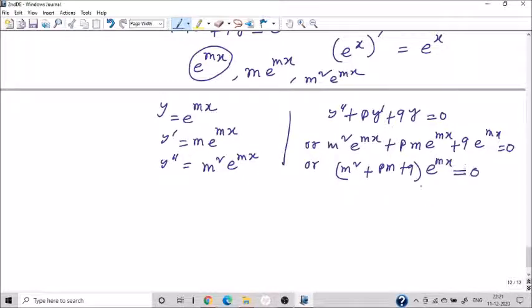In this condition either this term is equal to 0 or e to the power mx equal to 0. If this is the solution, then e to the power mx cannot be equal to 0. So we can write that m square plus pm plus q equal to 0.